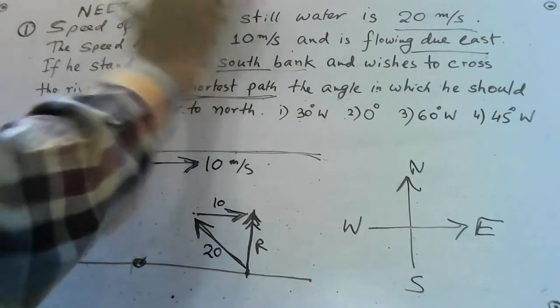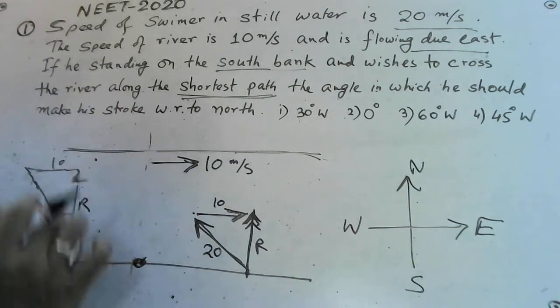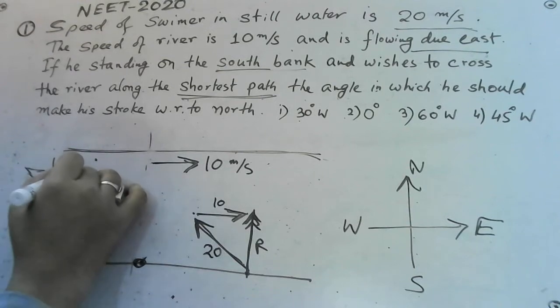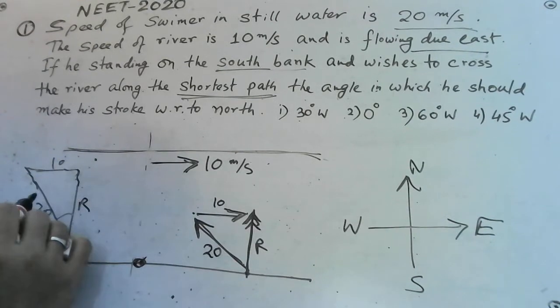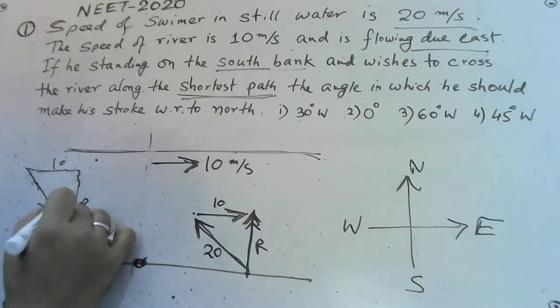I have put this question from a NEET question paper. This is a simple vector problem, always. So how much will the angle be? Let's say this is theta.